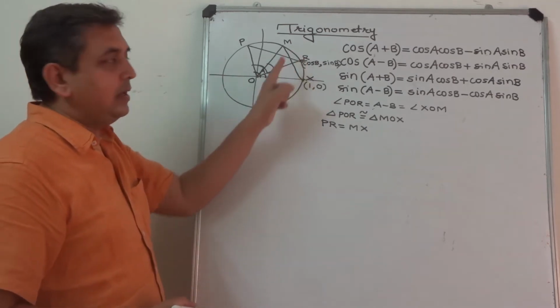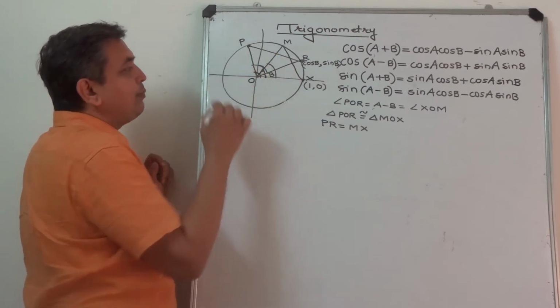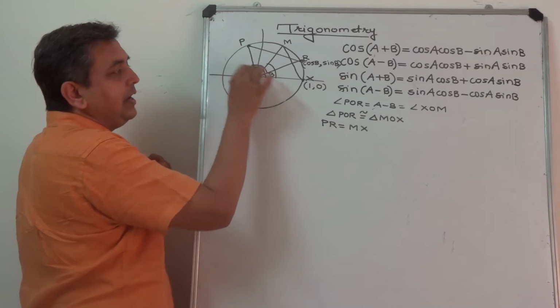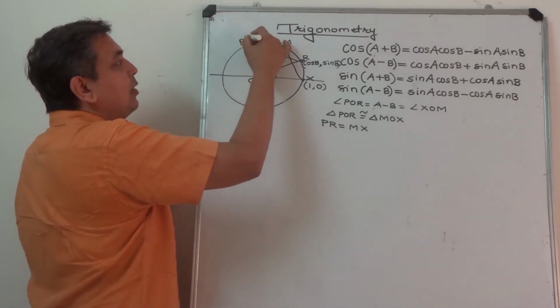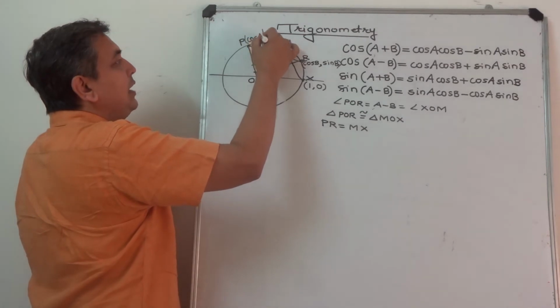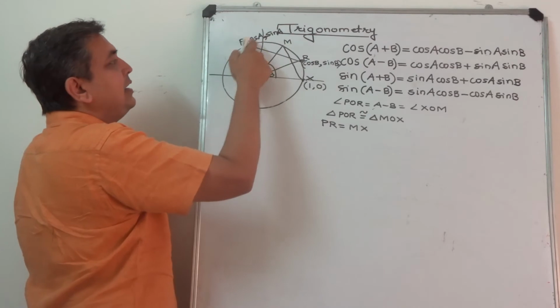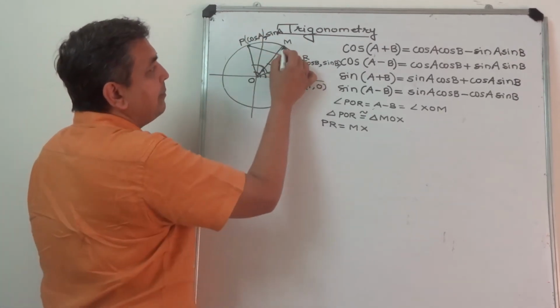Coordinates of R are cos B, sin B. What are the coordinates of P? What is the angle made with the x-axis? Angle A, capital A. So this point will have the coordinates cos A, sin A. Is this clear? Cos A, sin A. Now what about point M?